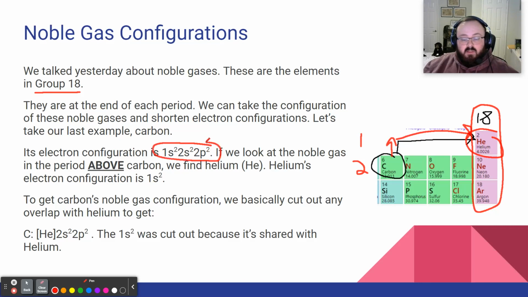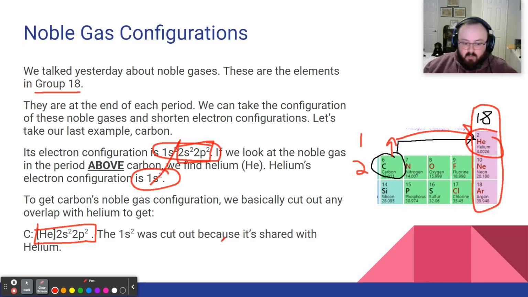So here is carbon's electron configuration. Here is helium's. So all we do is take the 1s2, we cancel it out, and we are just left with this 2s2, 2p2. And we would get this as our electron configuration in the noble gas form.